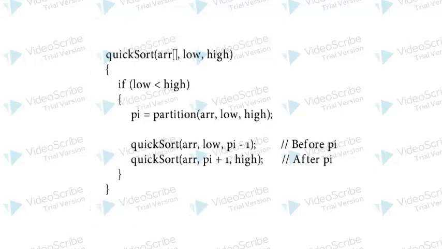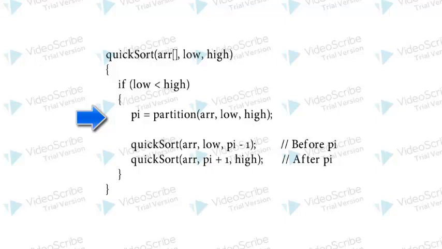If you look at the algorithm of the quicksort function, there's a base case in which low must be less than high. Then the following statements are executed. First of all, we find pi, the partition index, which is the result of the partition.